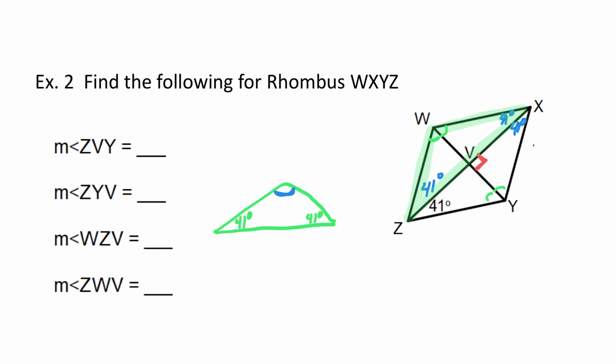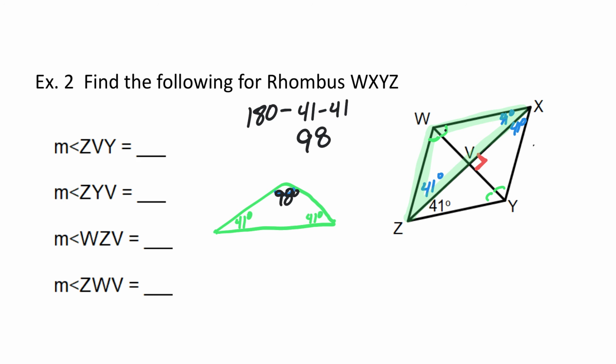Well, we've got two of the three angles of a triangle, excuse me. So we subtract that from 180. 180 minus 41 tells me that the remaining angle is 98 degrees. Well, what's 98?